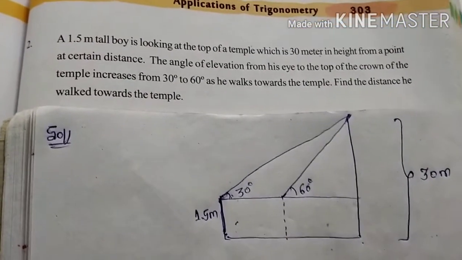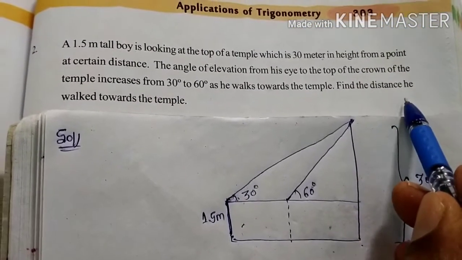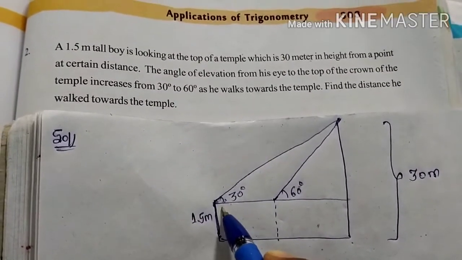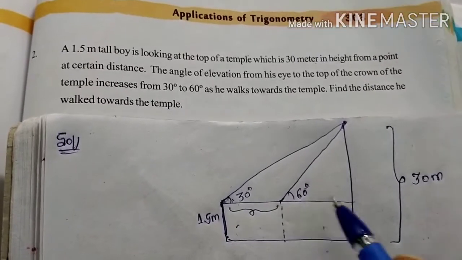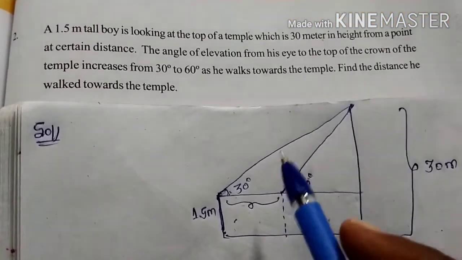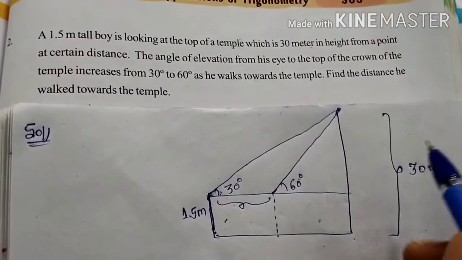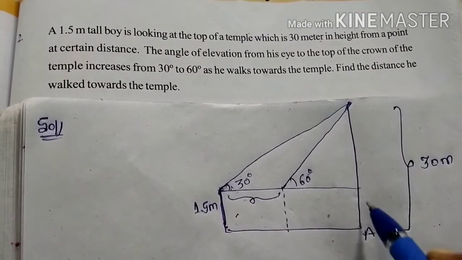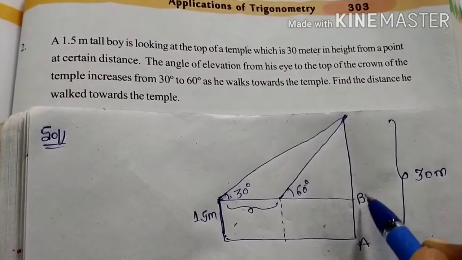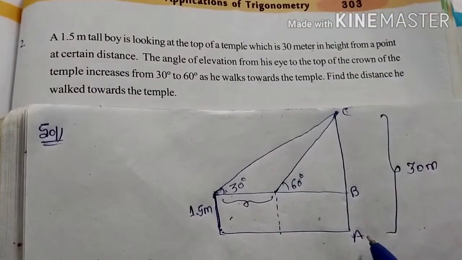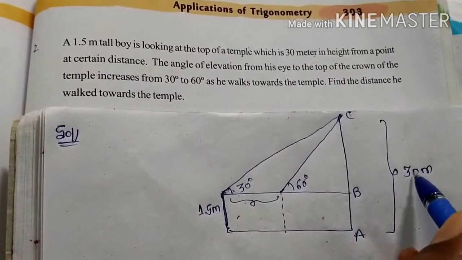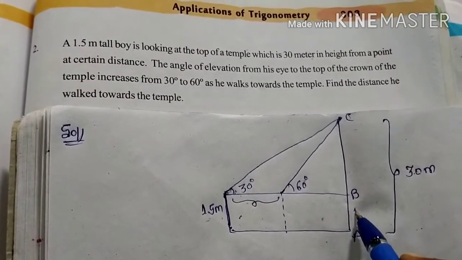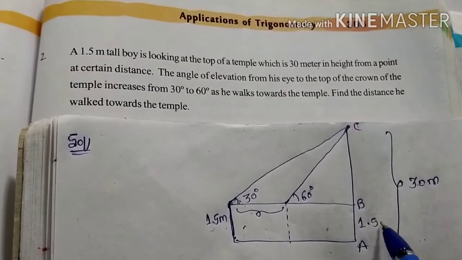In the question they are asking to find the distance he walked towards the temple. That means you need to find this distance. For example, I am considering A, B, C. That means AC is the height of the temple, 30 meters.